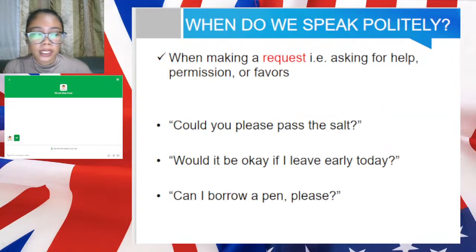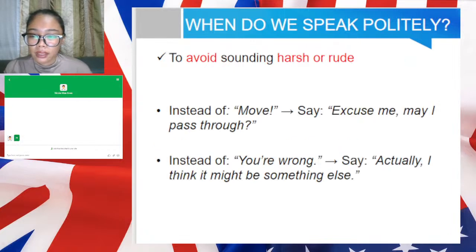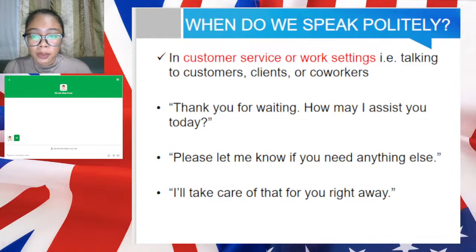We also speak politely when making a request, for example, when you ask for help, ask for permission, or ask for favors. You speak politely when apologizing or correcting someone. You also speak politely to avoid sounding harsh or rude. And you speak politely in customer service or work settings, for example, when talking to customers, clients, or even coworkers or your colleagues.